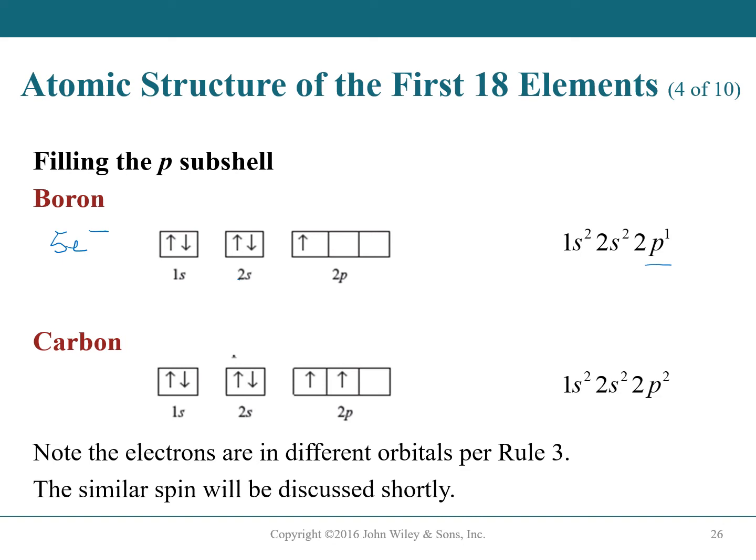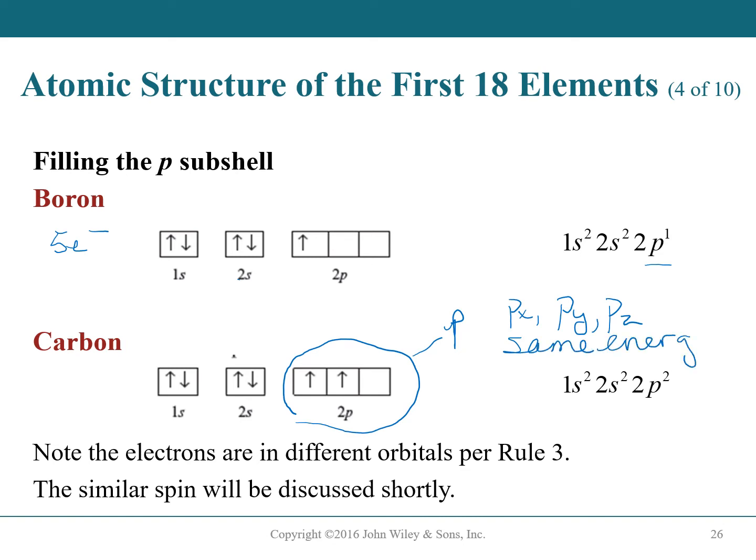Carbon having 6 electrons. Here, notice that I didn't combine the 2, but I actually distributed the electrons out. Now the reason that you do this is these 2p, or let me just say p orbitals, since you have 3, px, py, and pz, these are all the same energy.